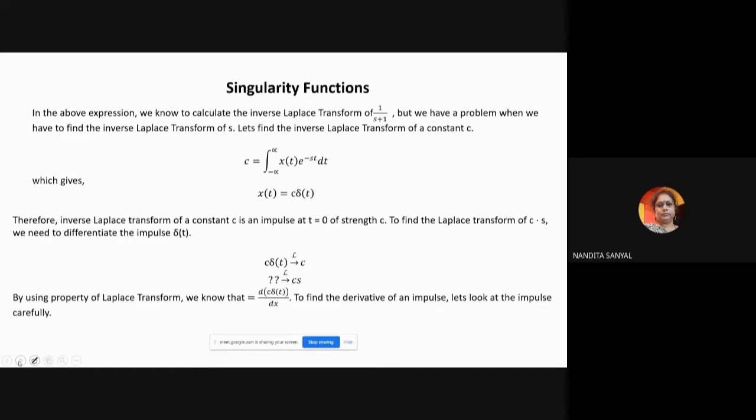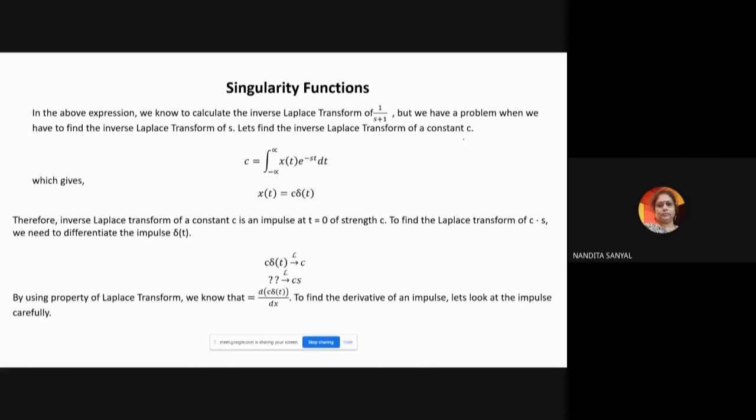Now let us come to the singularity function. We can easily calculate the Laplace transform of 1 by s plus 1. But if there is a term having s in it, it is difficult to find the inverse Laplace transform.